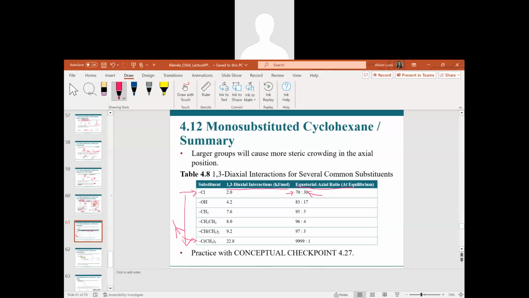So again, this has to do with that steric strain, that 1,3-diaxial specific interaction, and that would cause this structure to have about a 2 kilojoule per mole higher energy when in the axial position than equatorial. So that's how you can interpret this graph here.